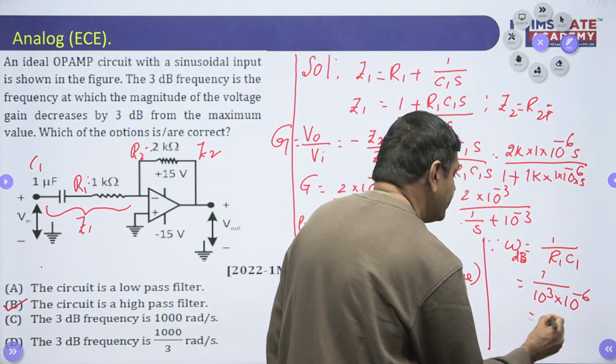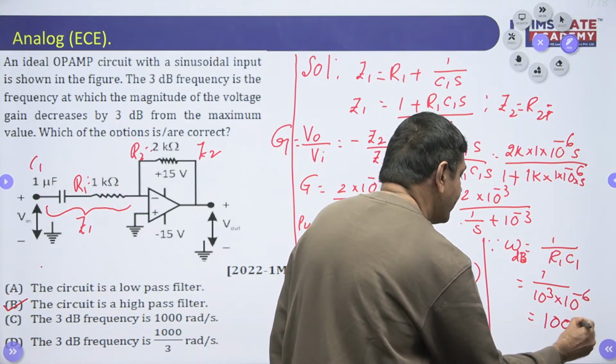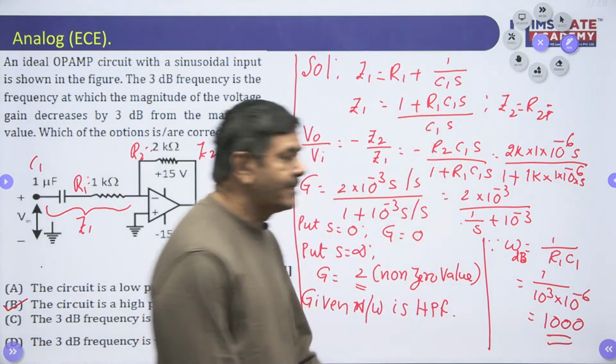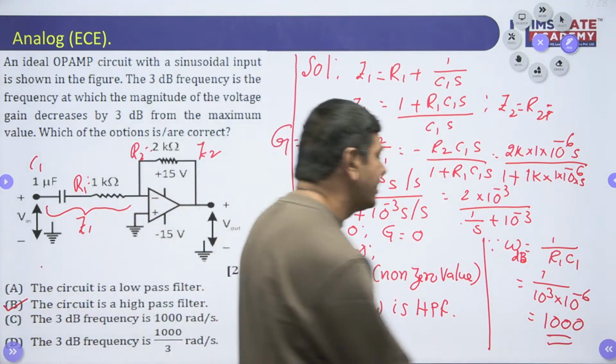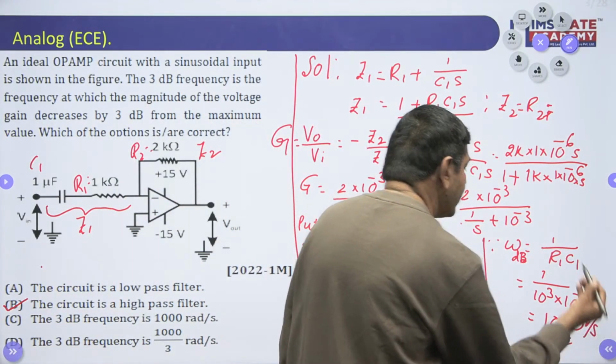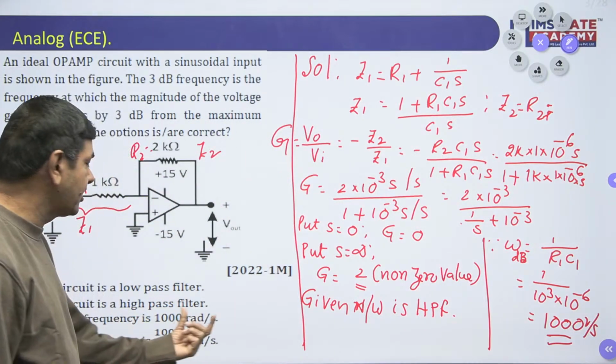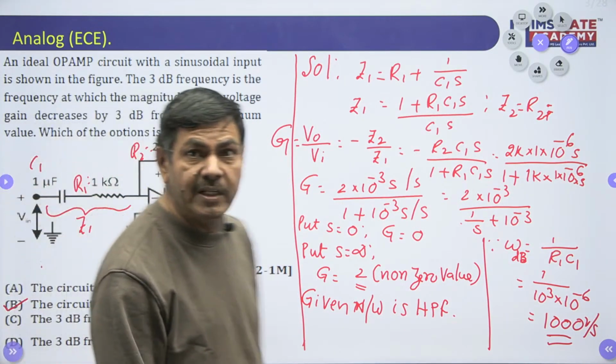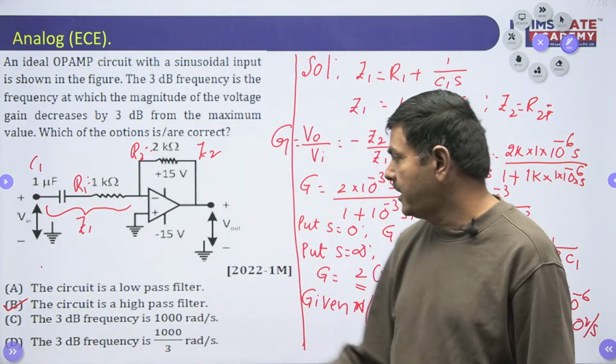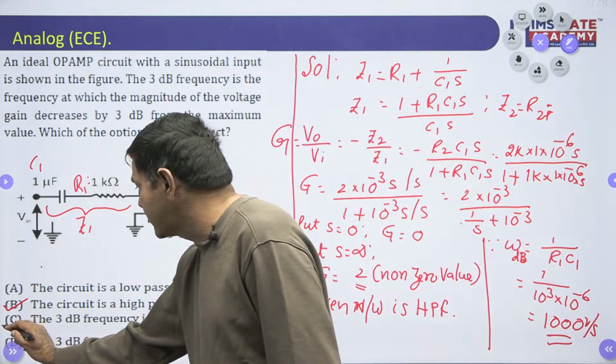The 3 decibel frequency is 1000 radians per second, which is also given in the options.